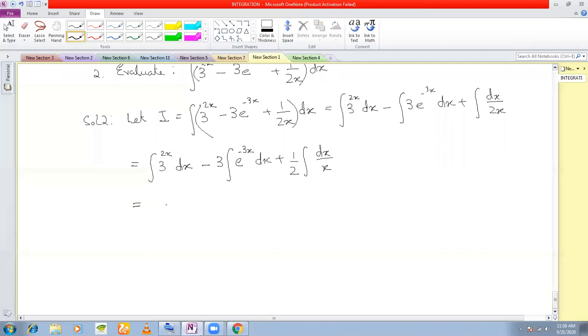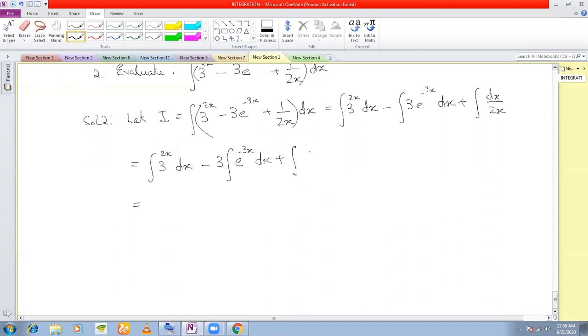Tell me if you have understood integral dx by 2x. Sir, no, can you explain once more? Yes. Remember this step, okay? Next time I will not explain.